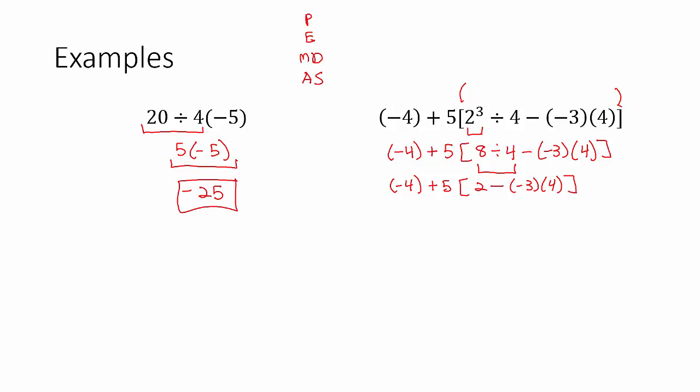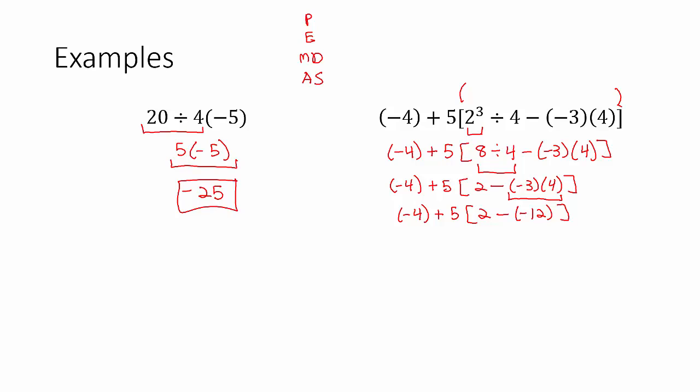Continuing with our order of operations inside that parentheses, multiplication coming next, left to right. We've got negative 4 plus 5 times 2 minus negative 3 times 4 is negative 12. And close the parentheses.